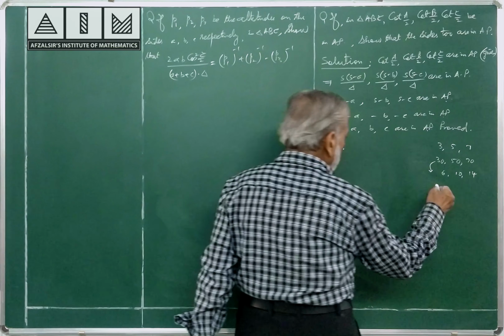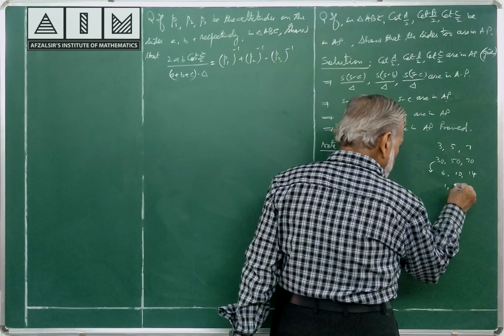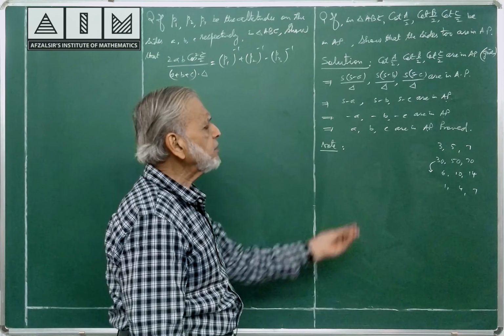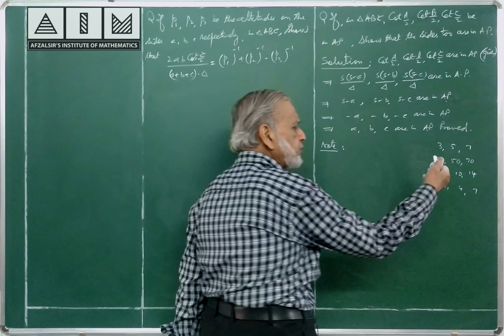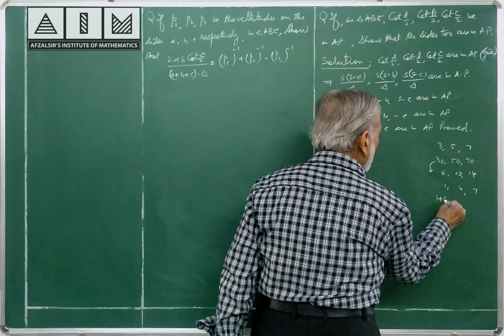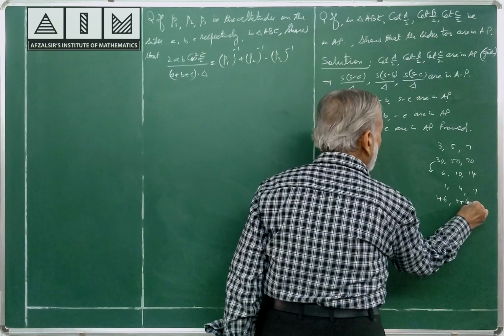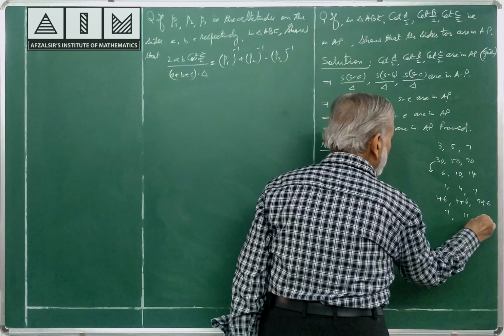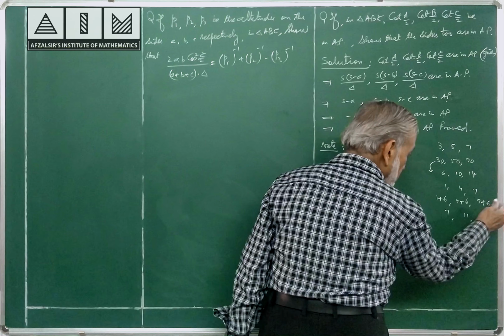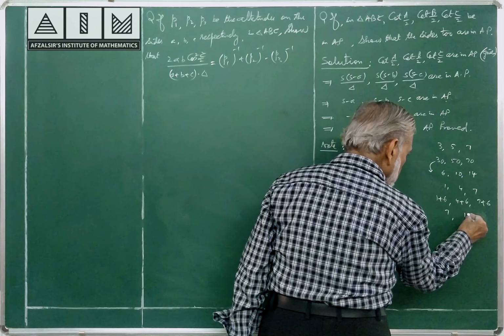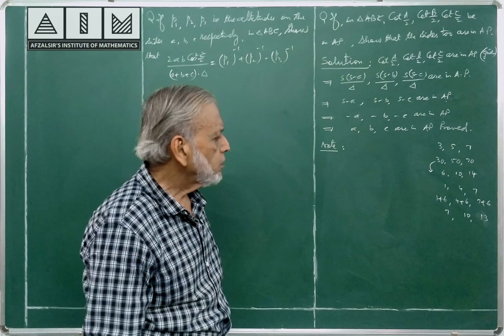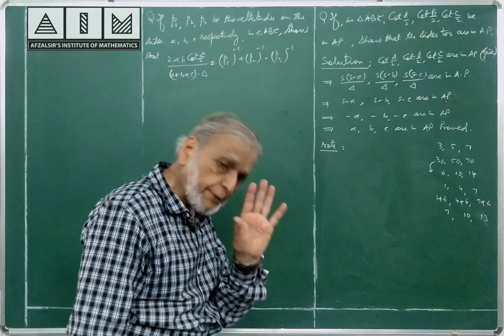Same thing for any other AP. You can see here 1 4 7, this is AP. I am adding some number to all, say I am adding 6. Any number, 7 10 13, still AP.